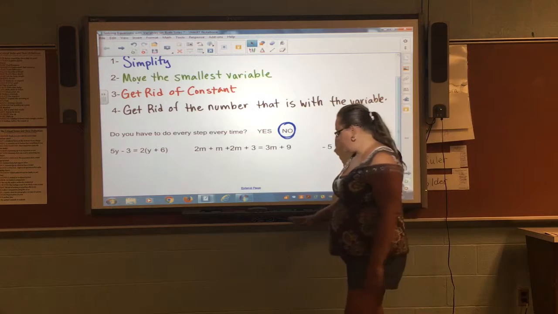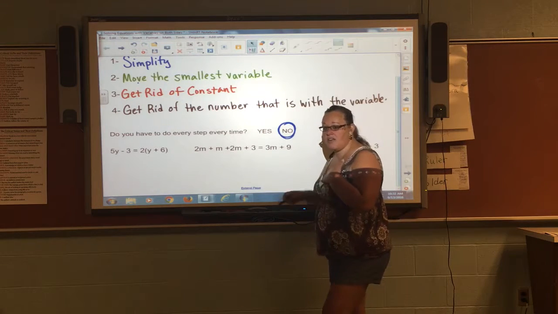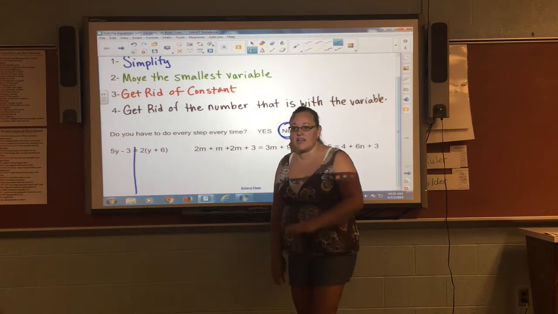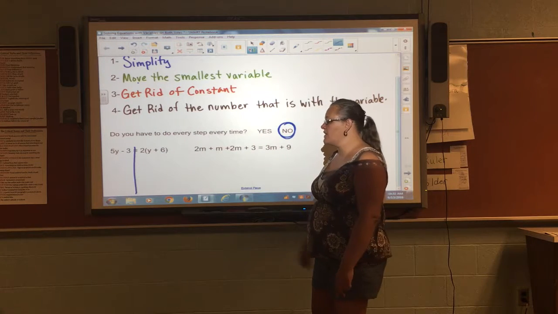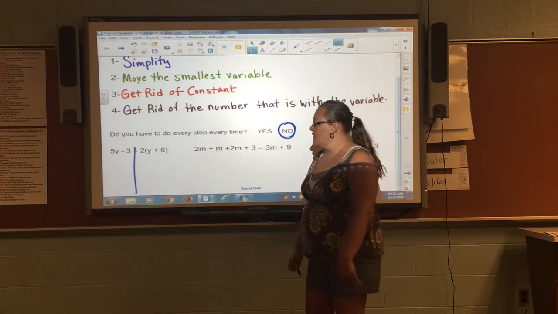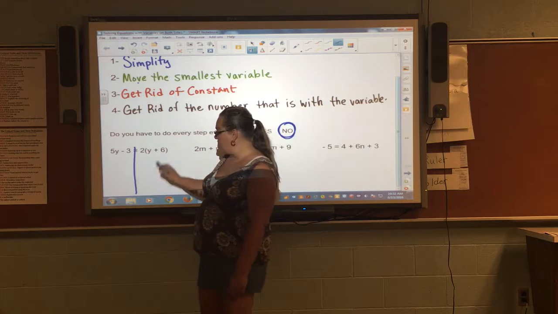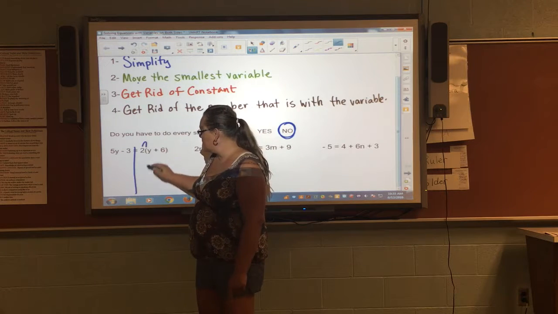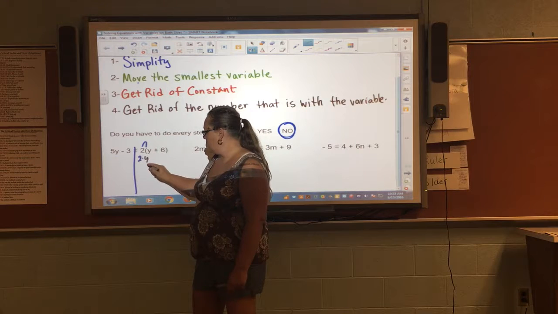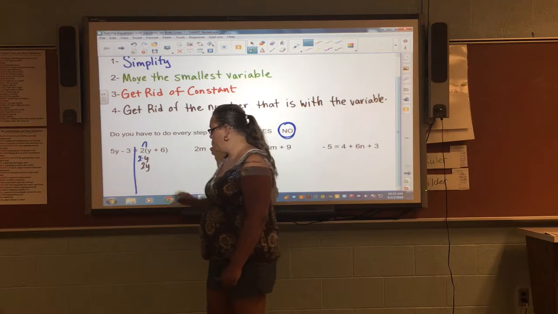So this first one, again, I identify my equal sign with a line so I can see the left side from the right side. And the question is, can I simplify? And the answer is yes. Because I have a set of parentheses, I can distribute and do 2 times y to give me 2y.